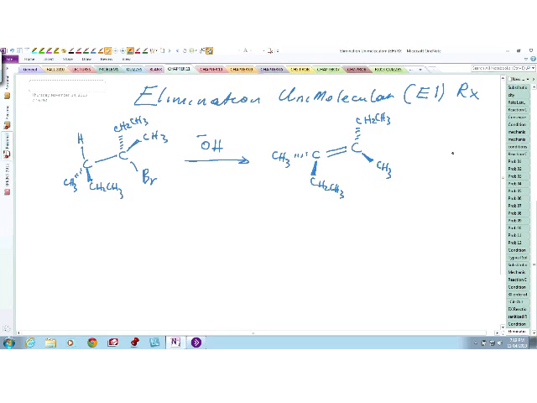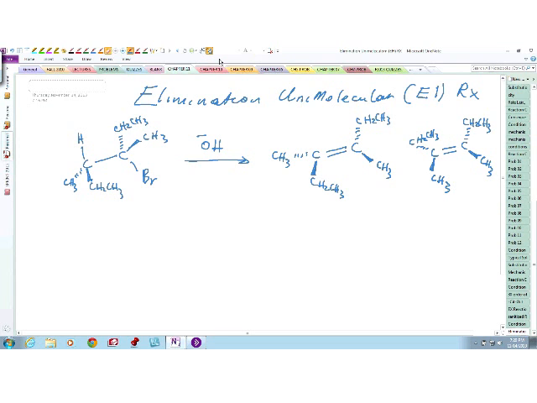You're also going to form this. Notice here, this will be trans, and this will be cis.